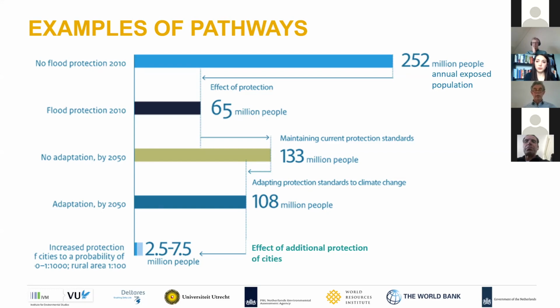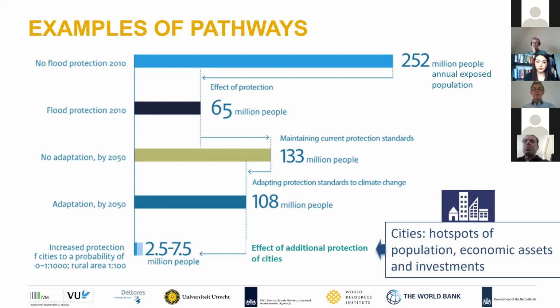people. Then finally, as mentioned, cities are hotspots of population, economic assets, and investments. So if you have an extra effort on protecting cities, then you see that even with not so high protection levels, you can reduce the number of people annually affected substantially.